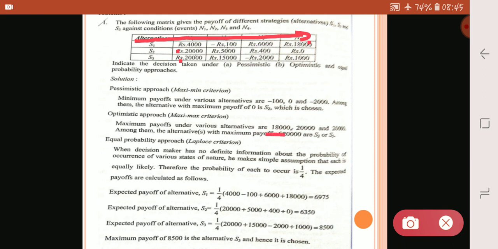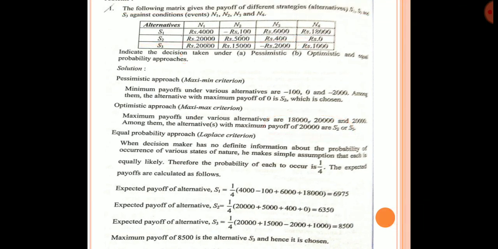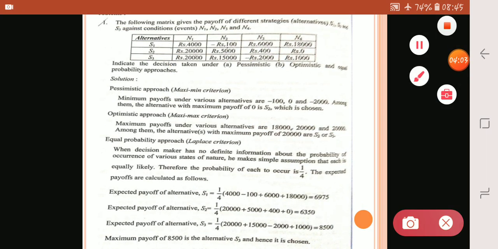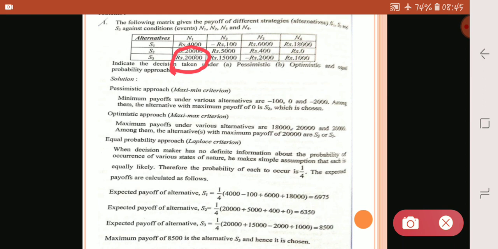So the maximum is 20,000, isn't it? This 20,000 is related to S2 and S3, so both alternatives S2 and S3 will be chosen. This is how you find the maxi-max approach.